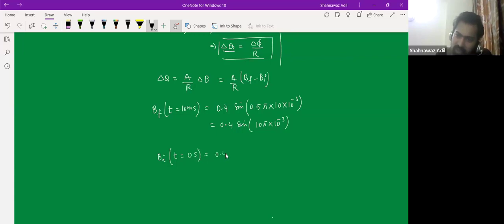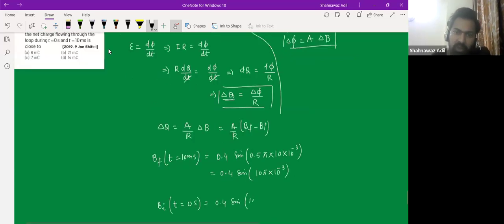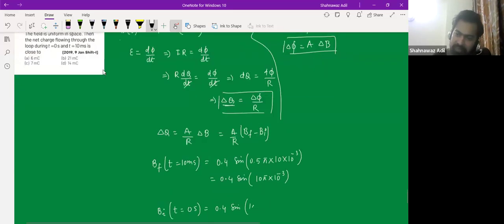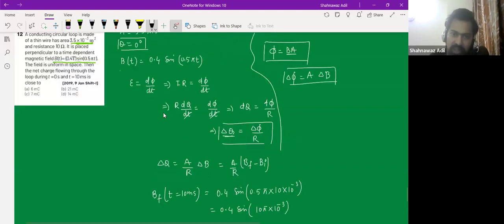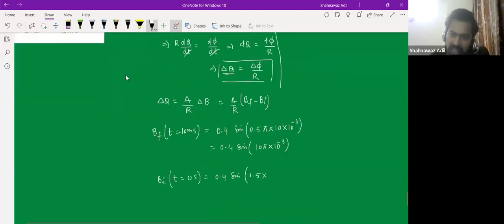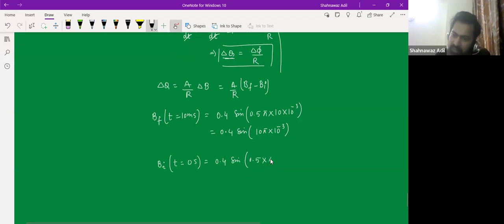That is 0.4 sine 10 pi, okay, 0.5 to 0.5, and then this is how much? So this is t is 0 second, so that is 0. So sine 0 is 0, so this would be 0.